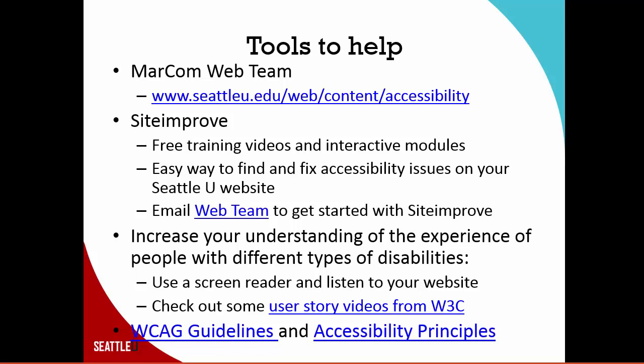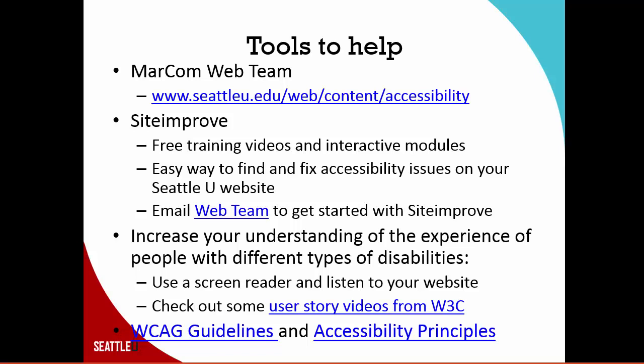Next, we currently have a subscription to a very useful tool called SiteImprove, and it's available to any Seattle U content editor. SiteImprove offers a number of great webinars and interactive modules to help you learn more about accessibility. SiteImprove also provides content editors with a really easy way to find and fix accessibility issues on your Seattle U websites. But accessibility isn't the only thing this tool can help you with.